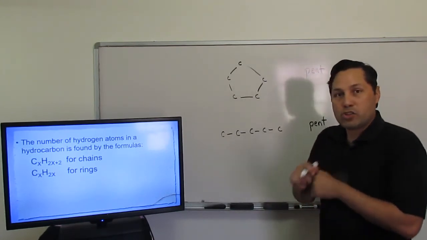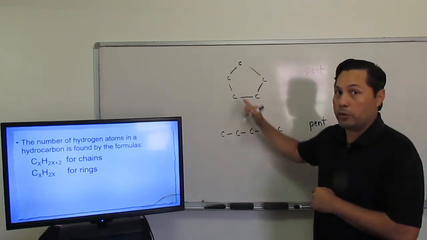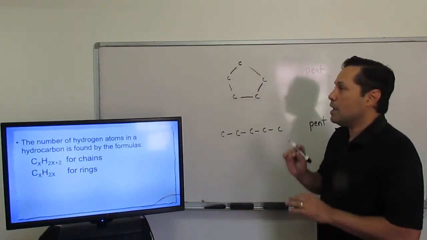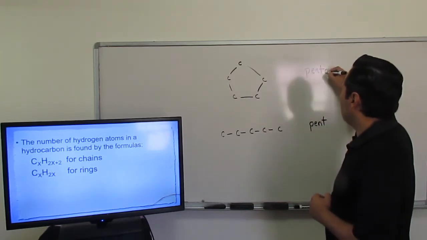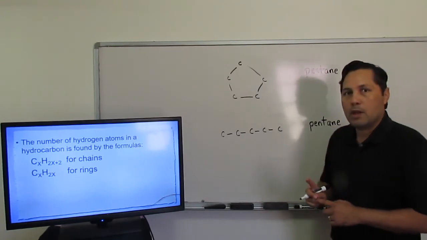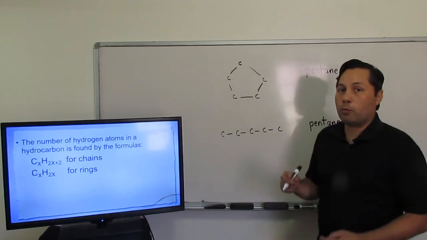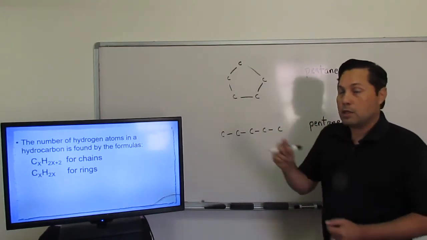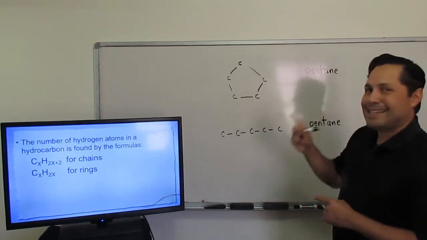Now the suffix, the ending, you see how there's only one line for all of them, and for this lesson we're only going to stick to single bonds only. For that reason, they're all going to have the same ending, ane. So this is pentane. Alright, so far it's the same name, but look at this shape. It's in the form of a circle, a ring. So therefore, that one is going to need the prefix cyclo in front of it.